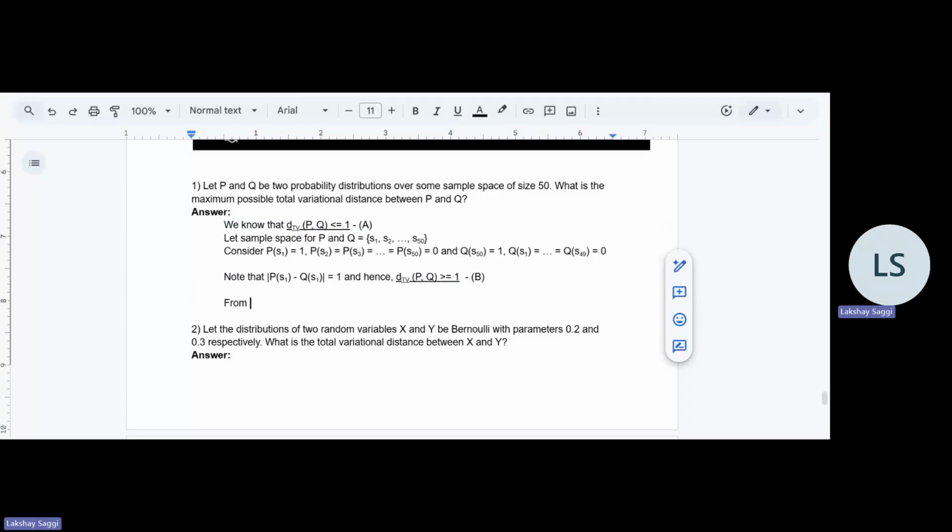So from A and B, we get that the total variation distance of P, Q is actually equal to 1. So what we have shown is that we had an upper bound on this total variation distance, and we showed a matching lower bound of 1 also. And so the maximum possible total variation distance between P and Q is equal to 1.